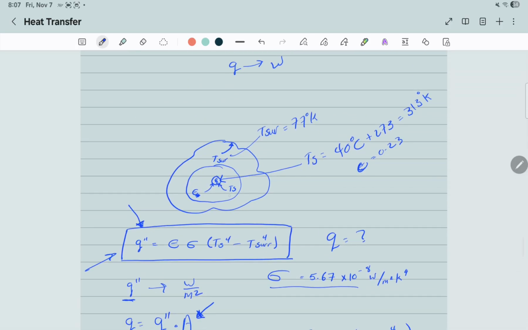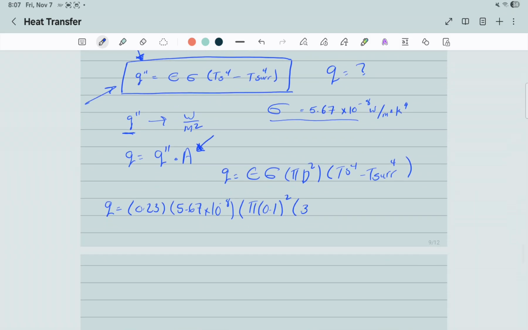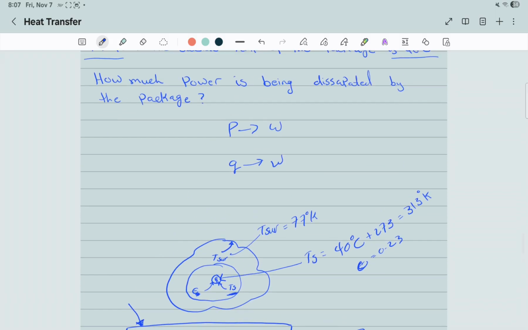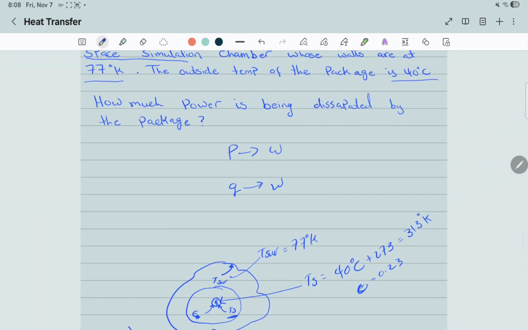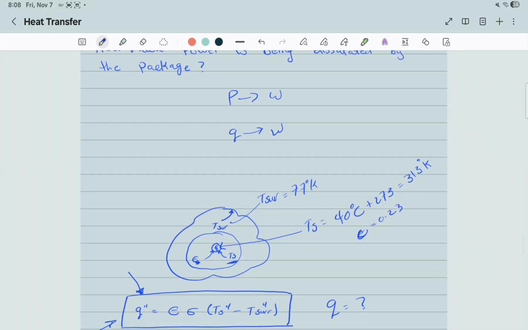Nope. T_S is the temperature of the surface of the body emitting the heat, which is 40 Celsius and 313 Kelvin. 313 Kelvin to the power of 4 minus 77 to the power of 4. Q equals 3.91 watts. And that's the amount of power the system is being dissipated by the package.